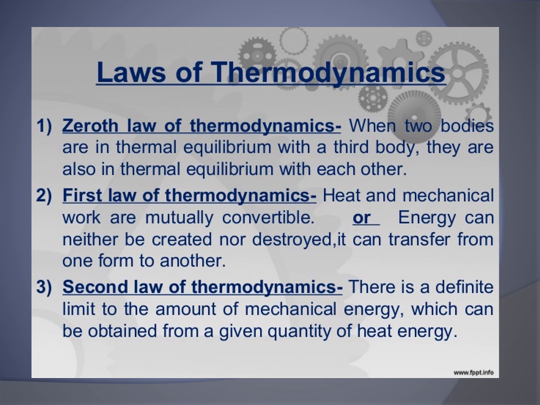The first law states that heat and mechanical work are mutually convertible, or energy can neither be created nor destroyed, it can transfer from one form to another. The second law states that there is a definite limit to the amount of mechanical energy which can be obtained from a given quantity of heat energy.